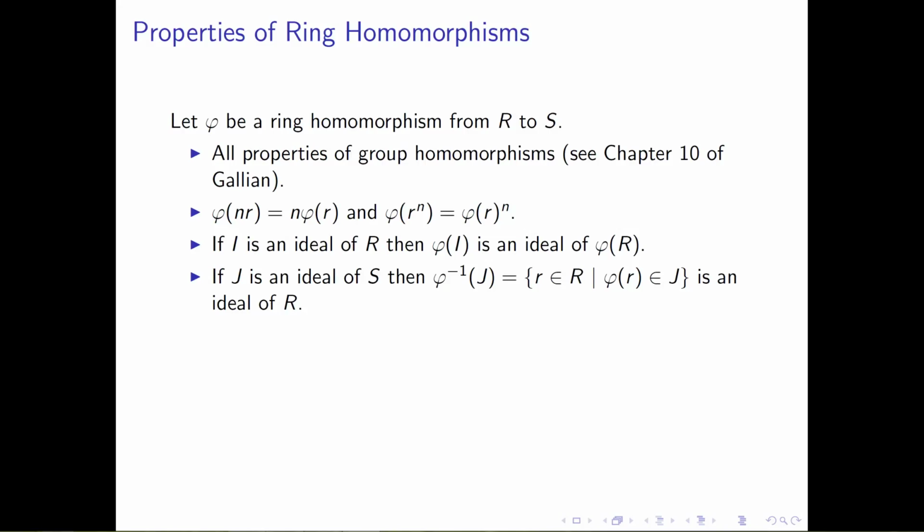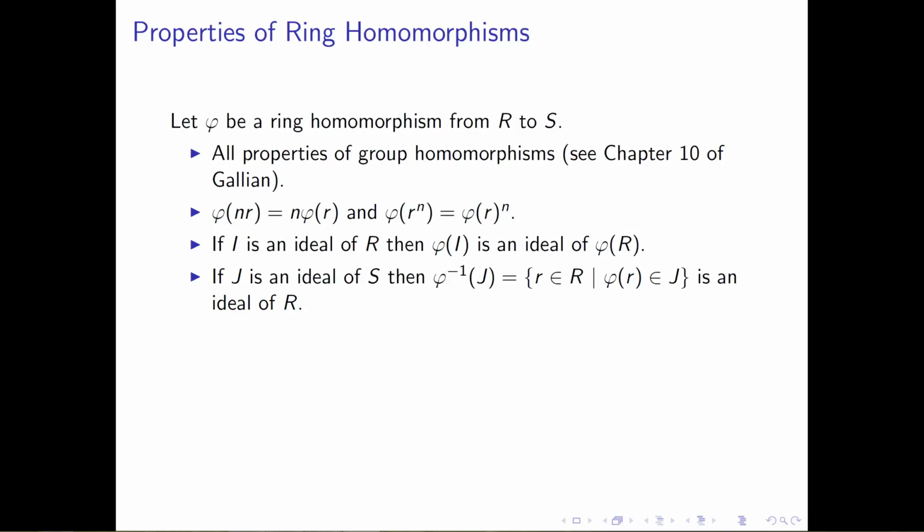We don't need to hit all of J. We just need to map to some particular element that belongs to J. And this set that we have written down right here happens to be an ideal of the ring R, this pre-image of the ideal J.